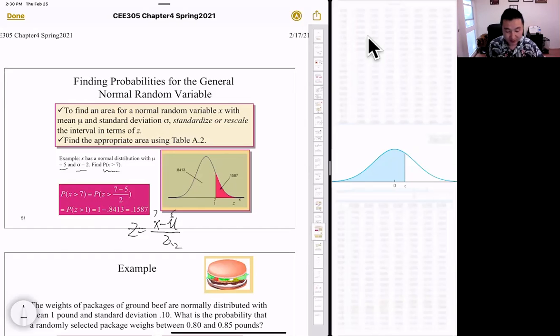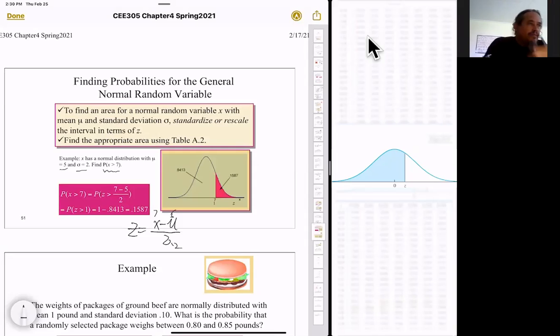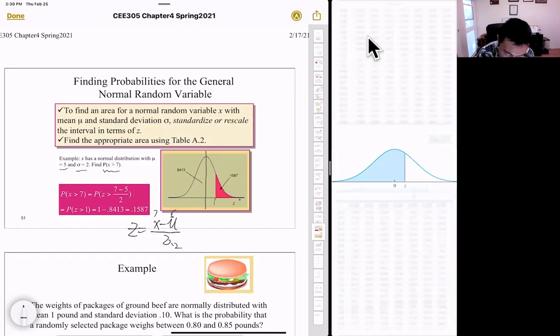That tells us x is 1 standard deviation away from the mean value. Because the z-score is equal to 1, in this case it is larger than the mean value.